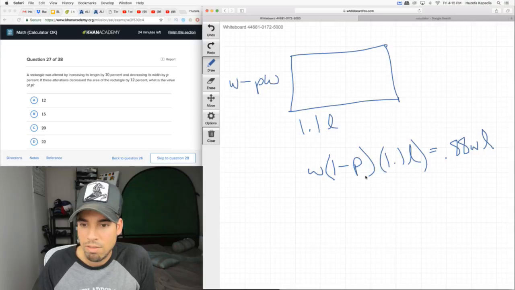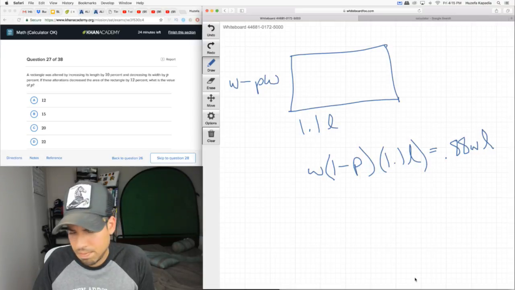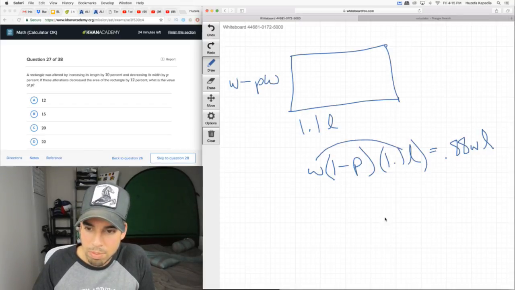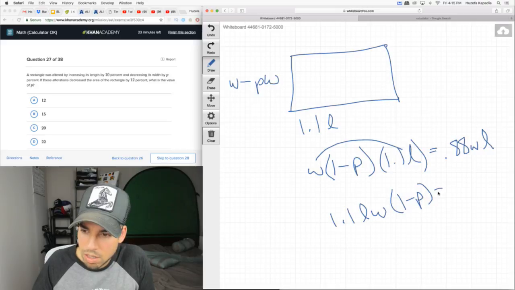What is the value of p? All right, I think I set this up right. Let's find out. So this becomes 1.1 LW times (1 minus p) equals 0.88 WL.